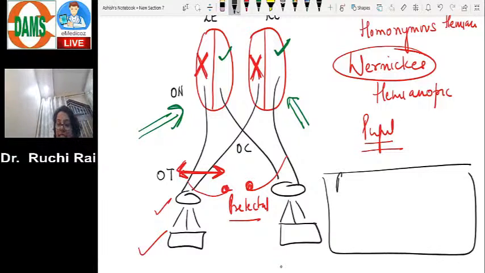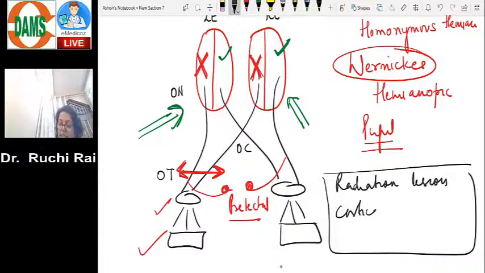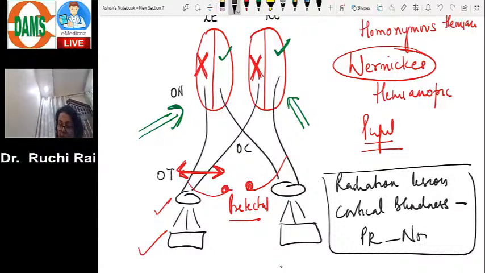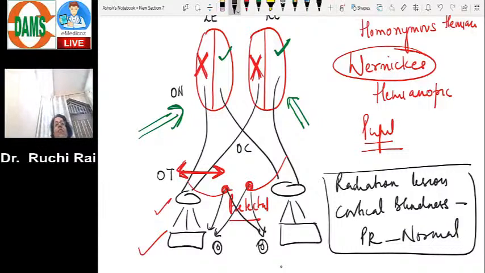In radiation lesion and in cortical blindness, pupillary reactions are normal. Right? From pretectal, every pretectal is innervating both Edinger-Westphal nuclei. We'll discuss more in detail when we discuss pupils. We are talking about lesions, so we come back to optic tract lesion.